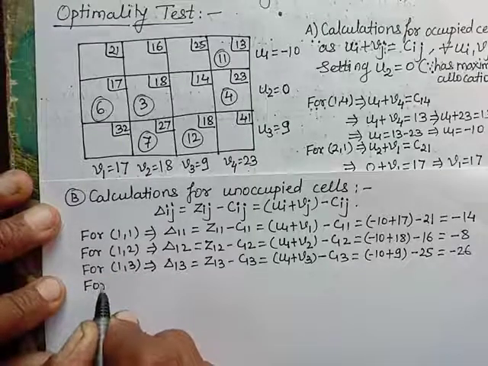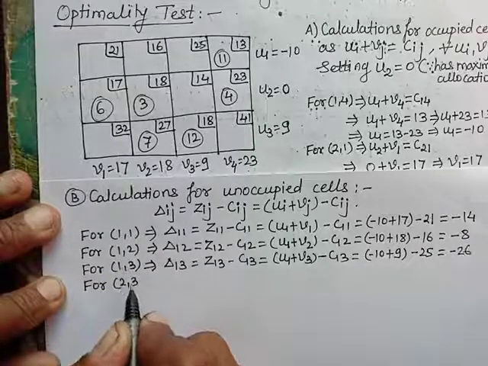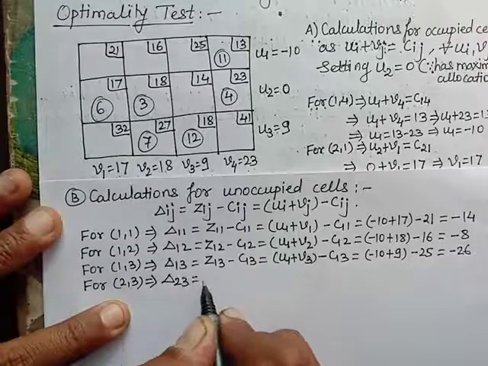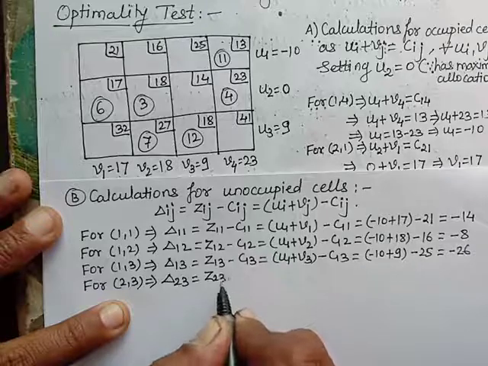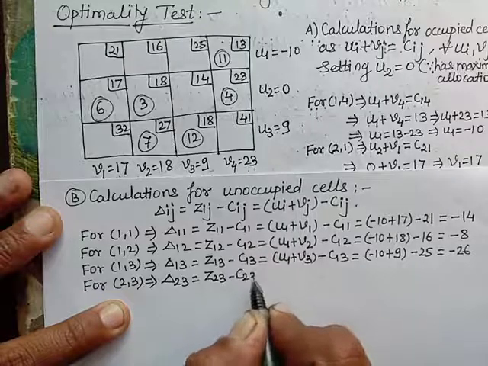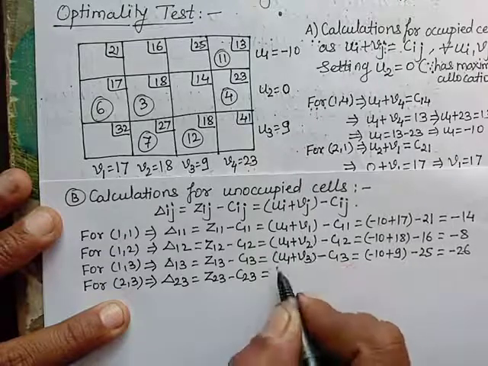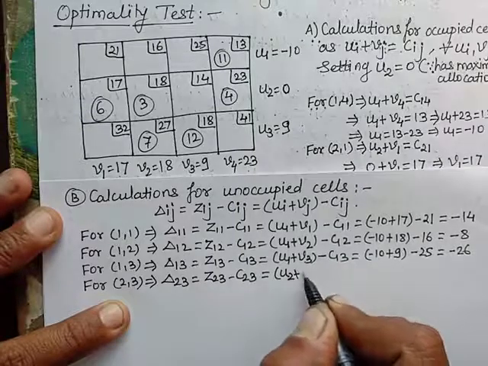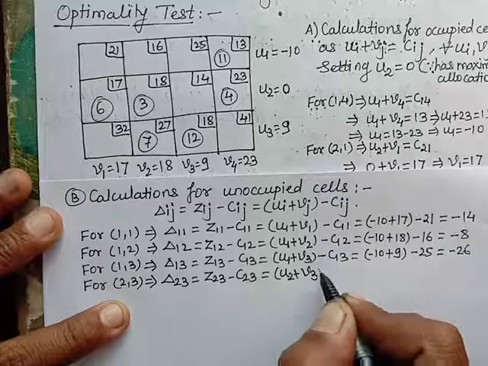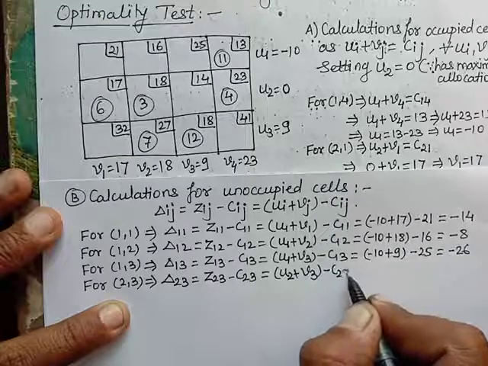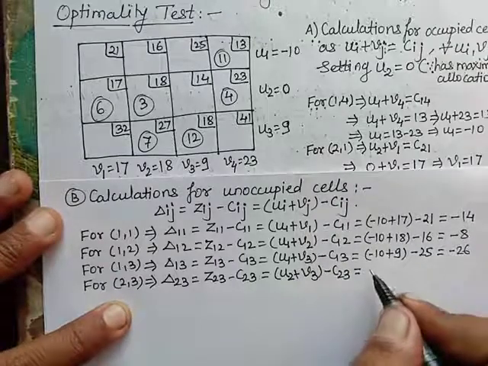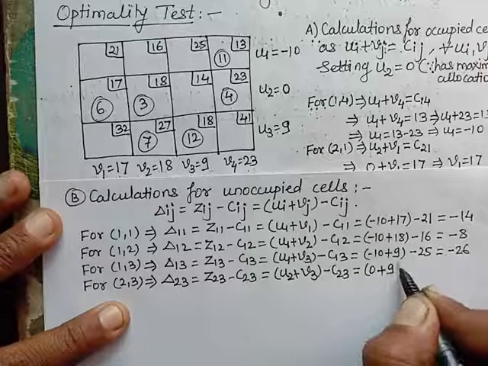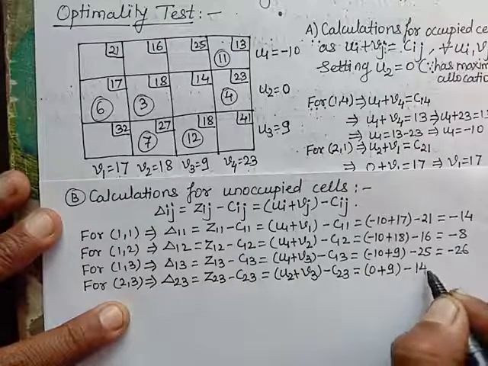Now for the 2,3 cell, delta 23 is equal to Z23 minus C23, that is U2 plus V3 minus C23. U2 is 0 plus V3 is 9 minus C23 is 14.